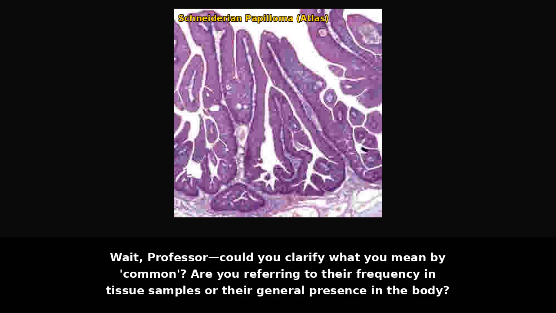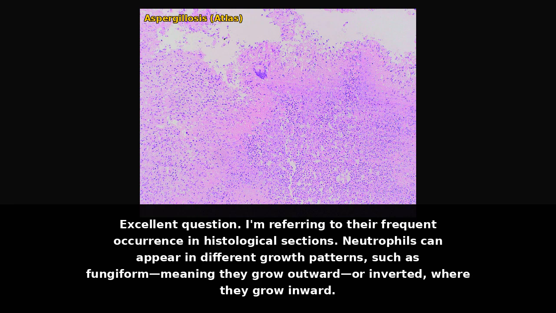Are you referring to their frequency in tissue samples or their general presence in the body? Excellent question. I'm referring to their frequent occurrence in histological sections. Neutrophils can appear in different growth patterns, such as fungiform, meaning they grow outward, or inverted, where they grow inward.